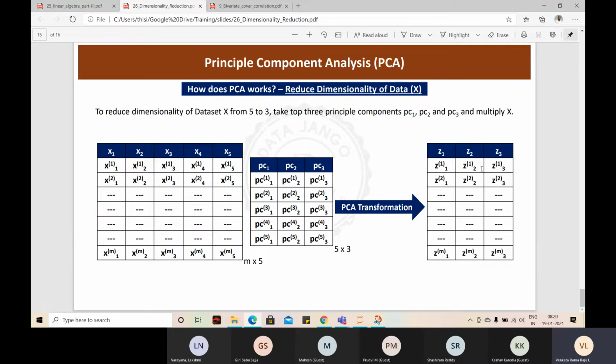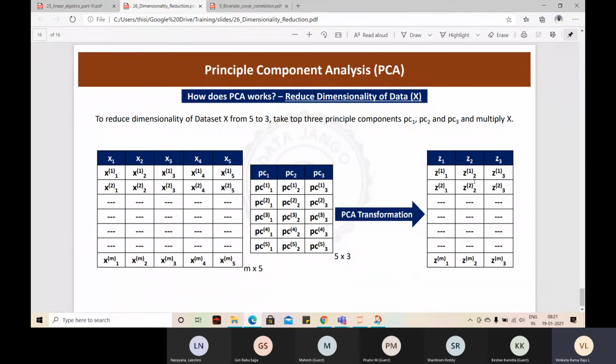Do you agree? I made a statement. If you apply PCA, the multi-collinearity in the data is going to be eliminated after you find these Z1, Z2, Z3 values. No multi-collinearity. Do you agree with the statement?